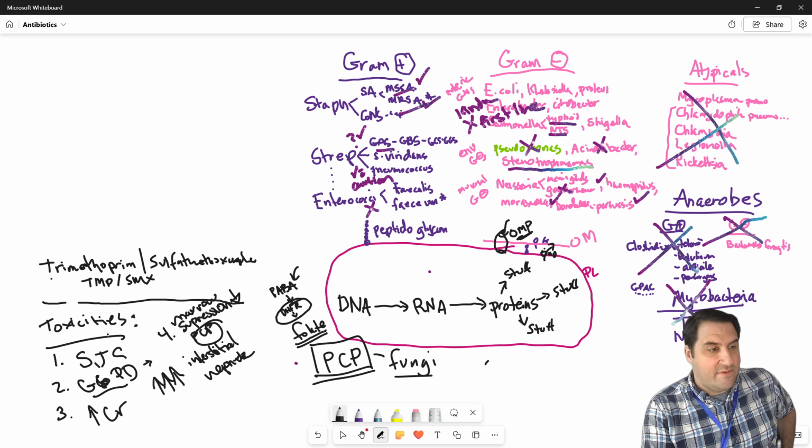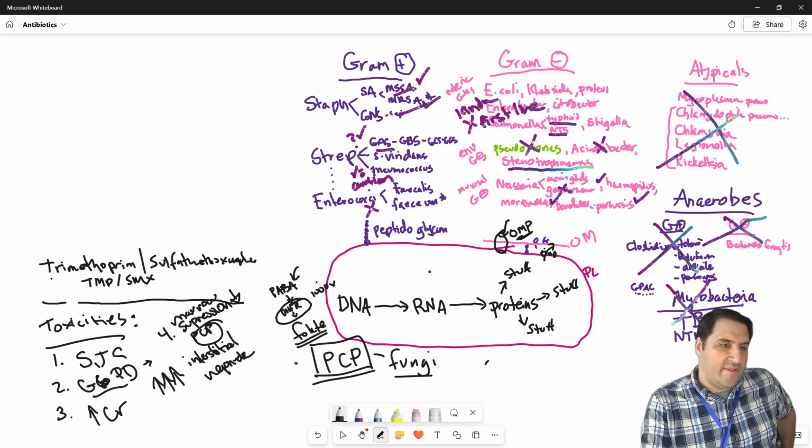And if you give trimethoprim sulfa in high enough doses, there's about 1,000 times less binding of the mammalian DHFR to trimethoprim, but if you give a high enough dose, you can start to actually inhibit that and block folate synthesis even in humans, because remember, there is homology between us and that, especially in critical cell functions.